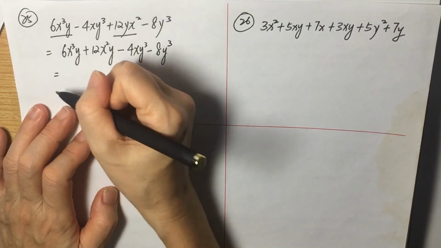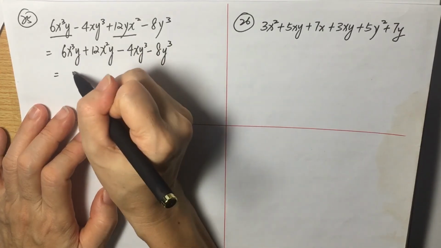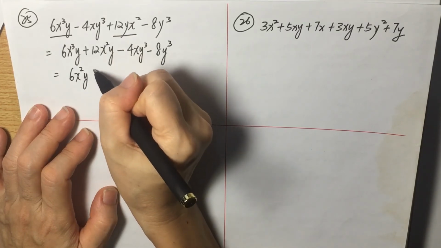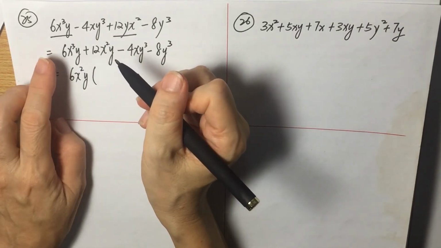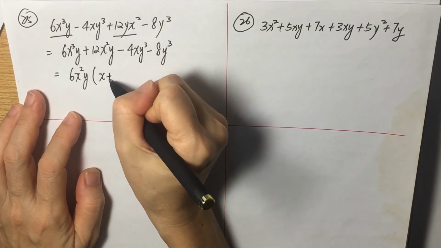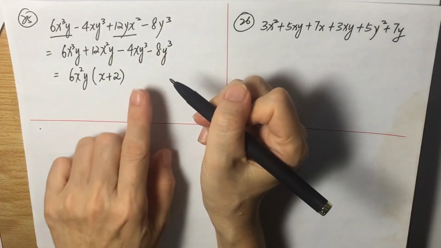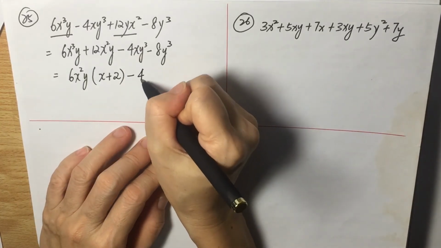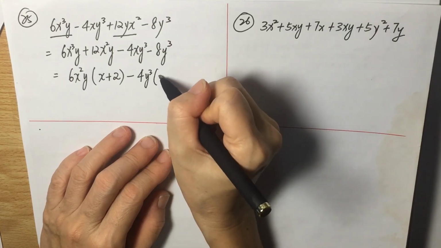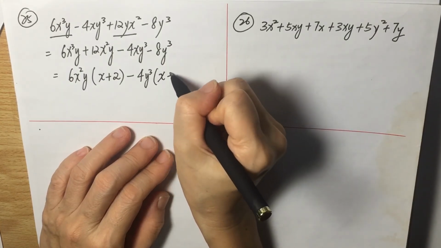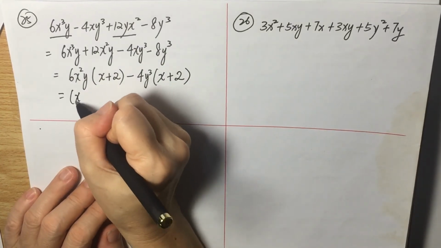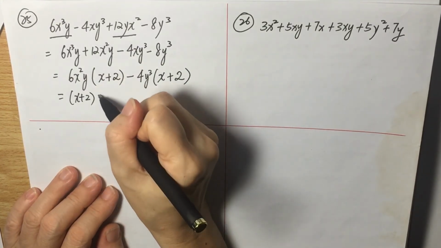Okay, so common factor from these two is 6x squared y. So when I bring 6x squared y out, I have x plus 2. And then here, if I put 4y cubed out, I'll have x plus 2 also. So x plus 2 is common.